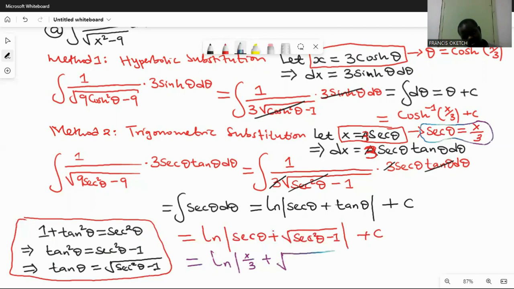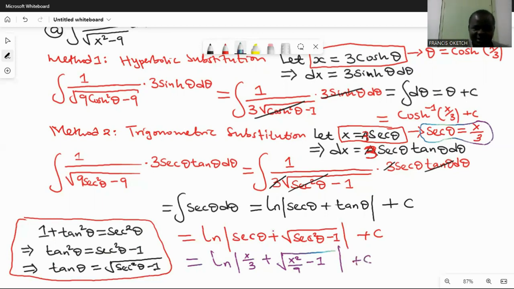When you square sec theta, you get x squared over 9. Then we subtract 1. And there's a constant c of integration.